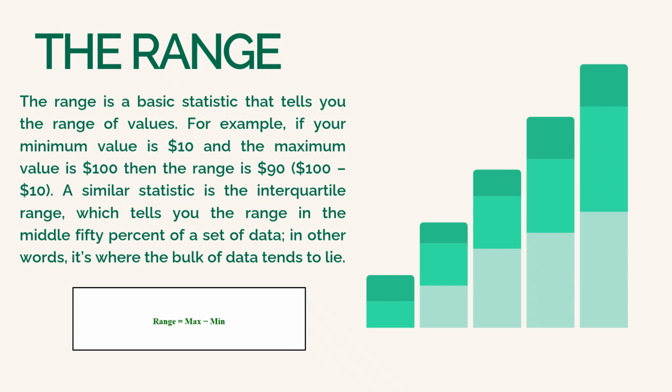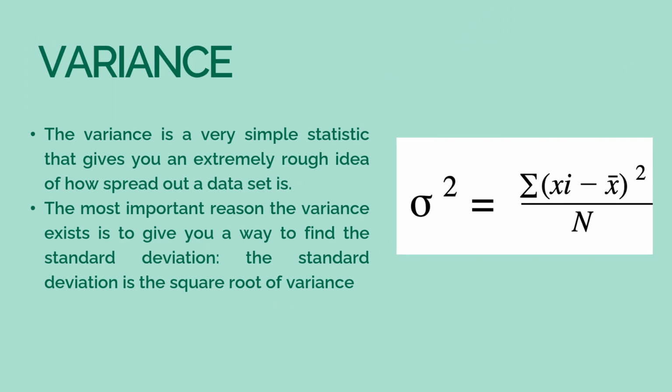So next one is the variance. Variance tells us in a rough way how spread out the numbers are by averaging the squares of the differences from the mean. It might not make much sense alone, but it's important because we use it to calculate the standard deviation, which is the square root of the variance.